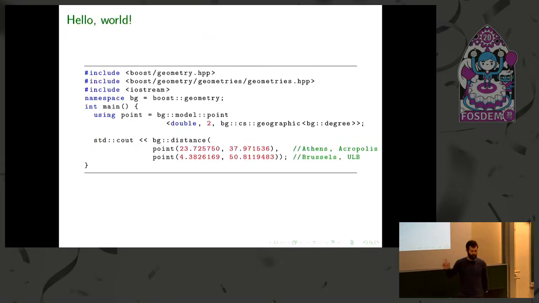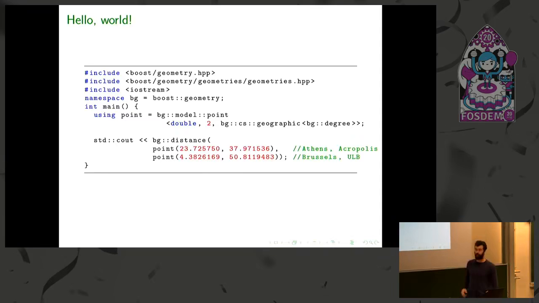This is the same slide as all the previous years I'm presenting here about Boost Geometry. It's a hello world thing: how to compute a distance from my home place to ULB. It's just a set of header files, and then you use the Boost Geometry namespace.